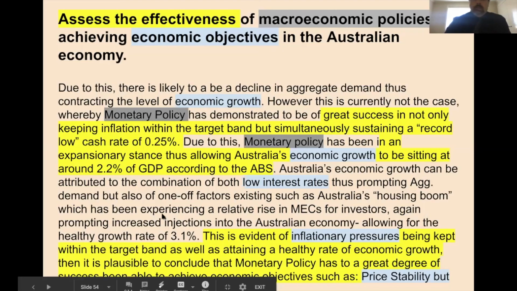We've got some statistics integrated into our answer, which is what we need, and this really high level assessment of the effectiveness. And again, there's nothing wow about the answer. It's just short, sharp sentences usually, obviously good knowledge there of macro policy on monetary and the objectives, and definitely strong reference to assessment type language in your answer.